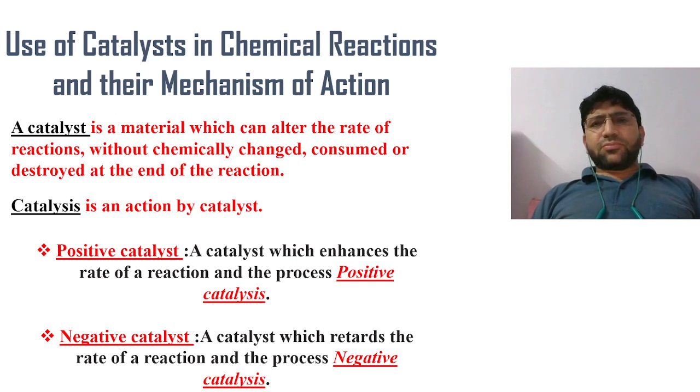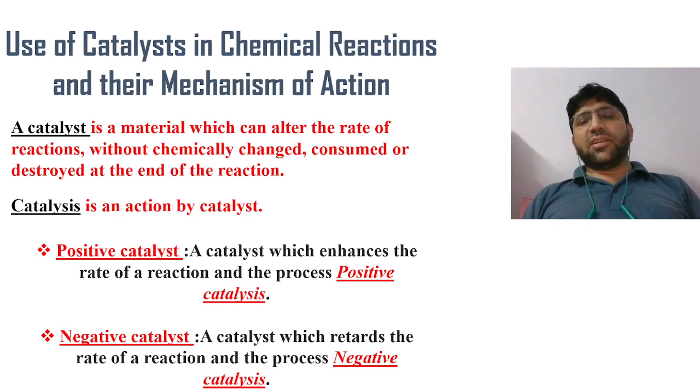So let us talk about the catalyst. What is a catalyst? You know that in a chemical reaction there is always bond breaking, rearrangement of the atoms, rebuilding of atoms, forming new molecules.